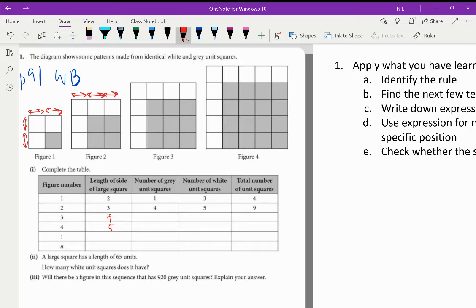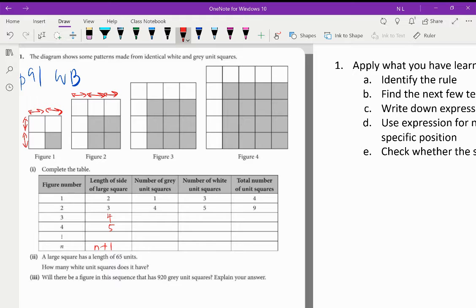Figure 3 is 3 plus 1, which is 4. Figure 4 is 4 plus 1, which gives me 5. So when my figure number is n, it will be n plus 1, because I'm always adding 1 to find the length of side of the large square.